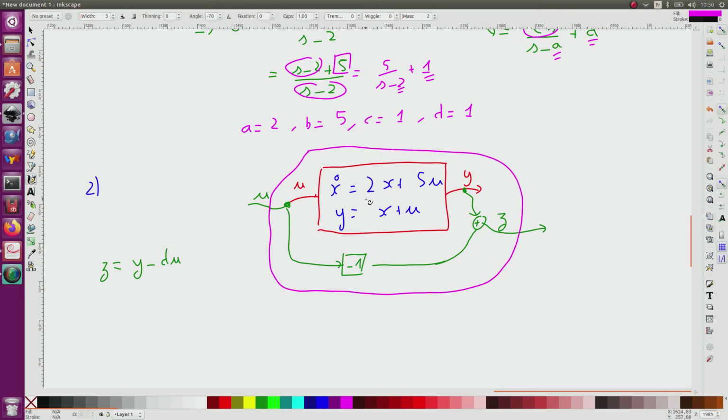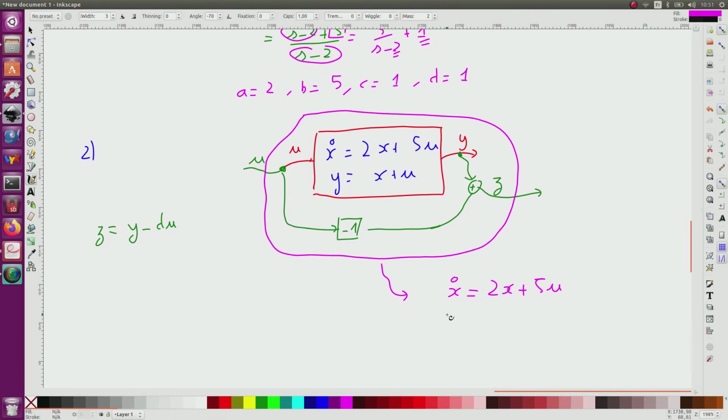This feed-forward loop will not change the state. It will still be x, and for this I will obtain the state representation. x dot is still equal to 2x plus 5u, it does not change, but the output is now z, and z equal y, so x plus u, minus u, so z equal to x.